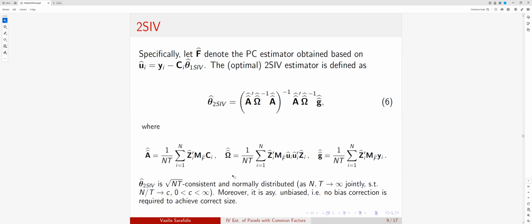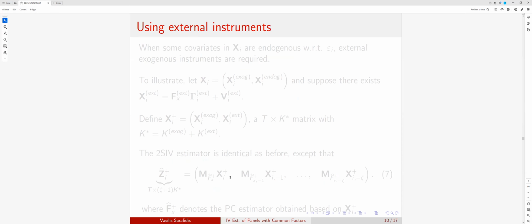Before I move on to estimating heterogeneous panels, I'd like to talk about a case of major importance and high relevance in several empirical applications, which occurs when some covariates are endogenous, not with respect to the factor component only, but also with respect to the purely idiosyncratic error epsilon.